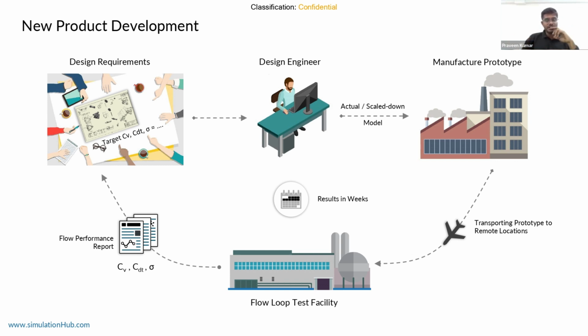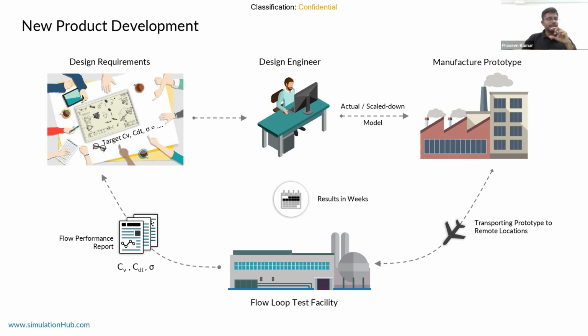Based on those requirements, you design your valve, create a prototype, send it to the flow loop test facility, get the test results and cross-check whether it matches or not. If not, then you need to do some design changes and follow the loop again. The same thing goes again.